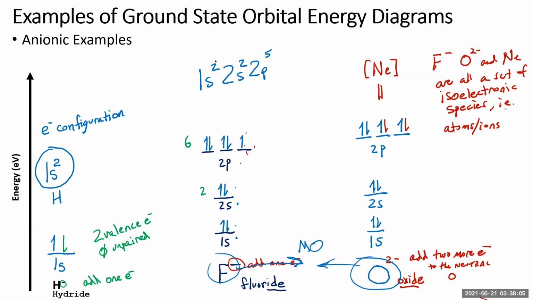Notice, by the way, that these superscripts represent the electrons. If I add them all up, 2 plus 2 plus 5, I get the total number of electrons. It should match the total number of electrons that you want to see in whatever your final atom or ion is. In this case, I'm doing fluorine.